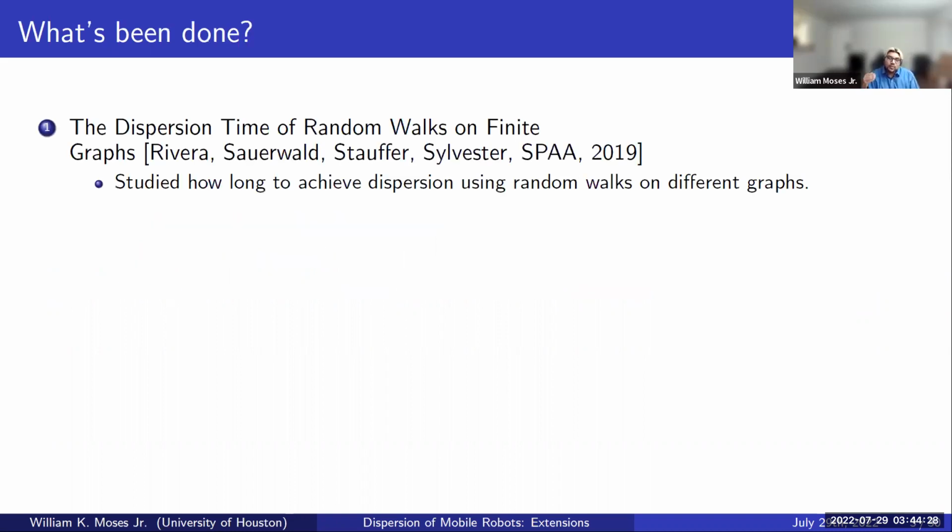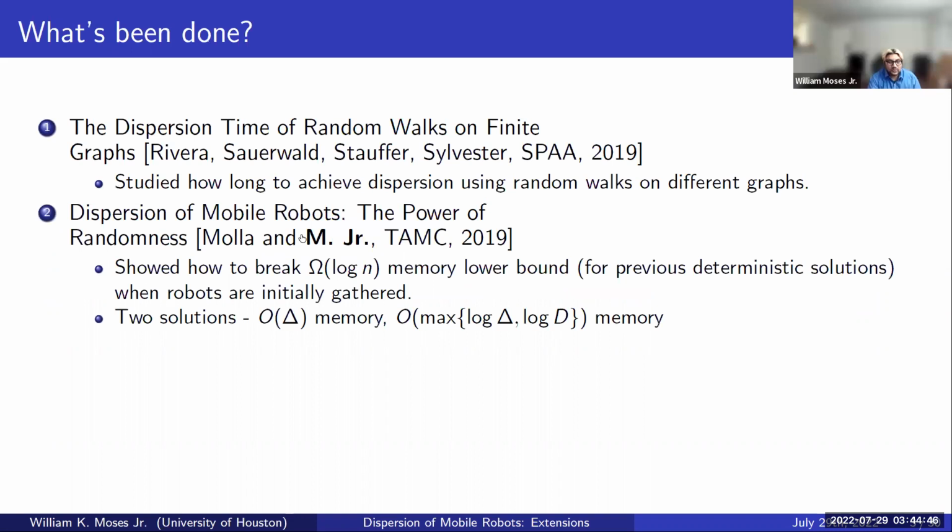Now, what's some of the work that's been done before? Well, there was a small paper in 2019 that actually just studied dispersion, the time to achieve dispersion on different types of graphs when you just use random walks. Another work was done by Anisur and myself in TAPC, where we use randomness. Instead of just talking about random walks, instead of using it to choose where we move, we use it to reduce the memory.